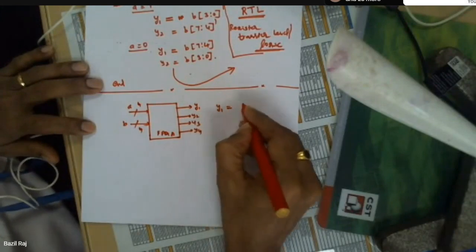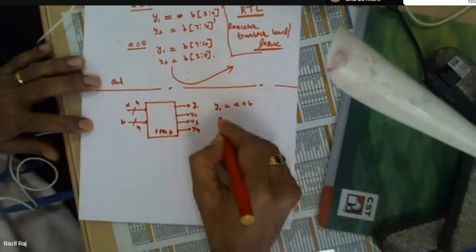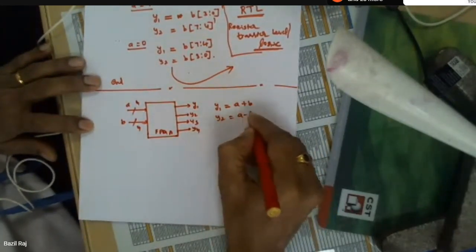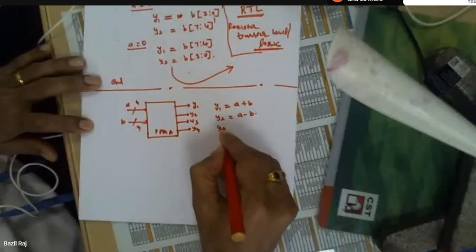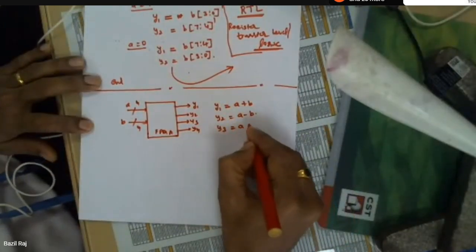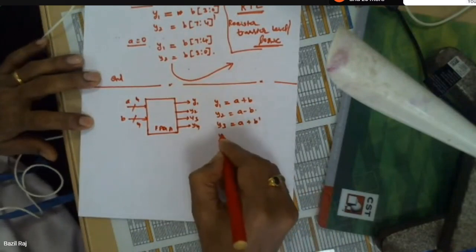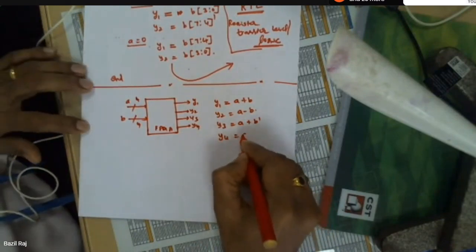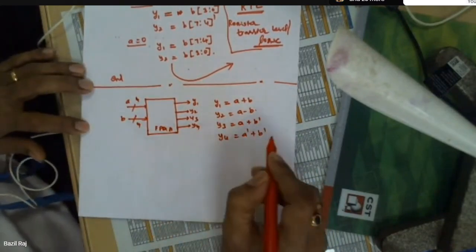The Y1 is equal to A plus B, and Y2 is equal to A minus B, and Y3 is equal to A plus B dash, and Y4 is equal to A dash plus B dash, right?